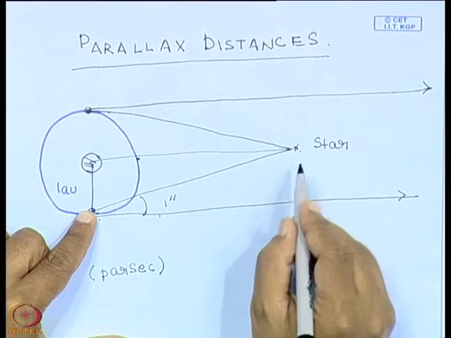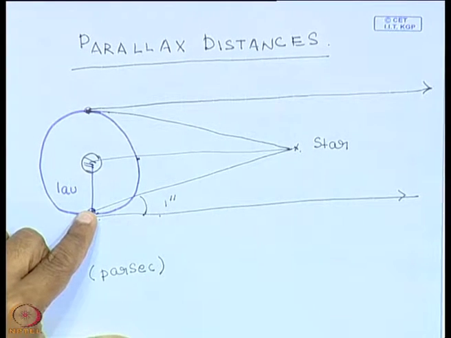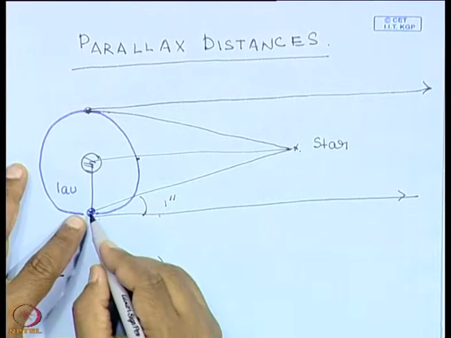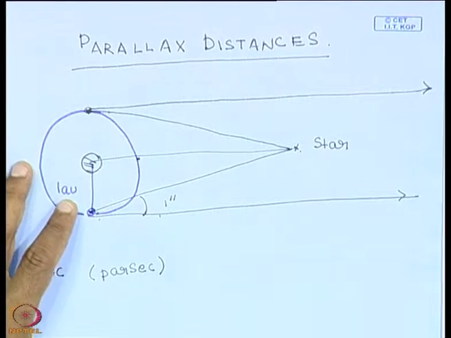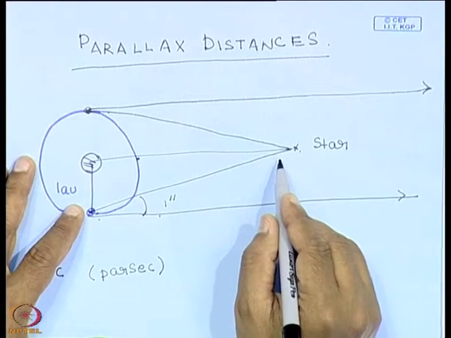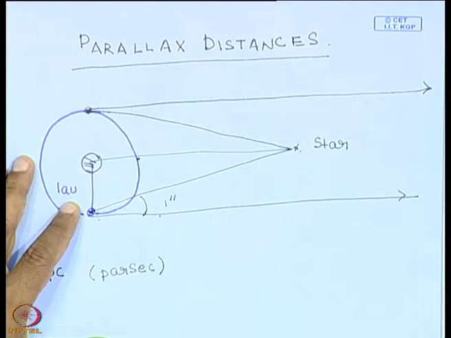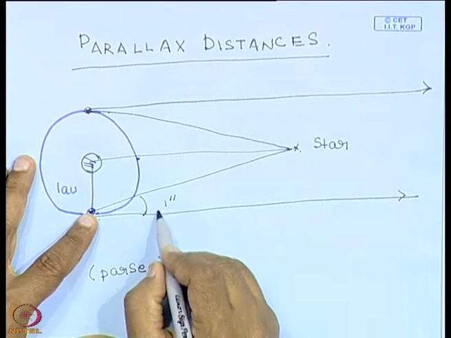So, a distance where if I place a star, in 6 months interval, I have to wait for 6 months and again measure the angular position of the star. If it has changed by 2 arc seconds, then I would know that this angle is 1 arc second.